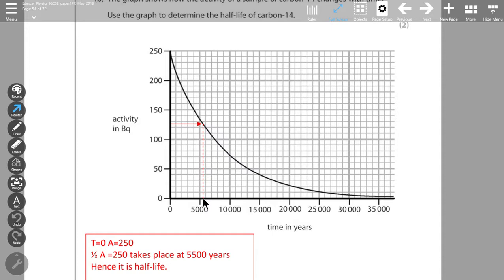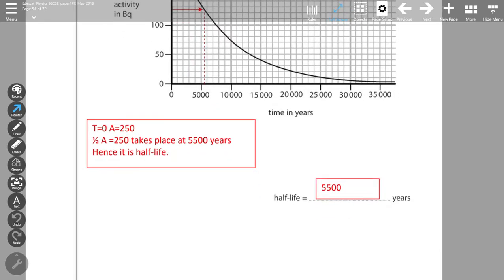Each small division is... no, each is 1000, sorry, because from 5000 to 10,000 we have 10 small squares, so each is 1000. Half is 500, so this is 5000 and 500. So this is the half-life.